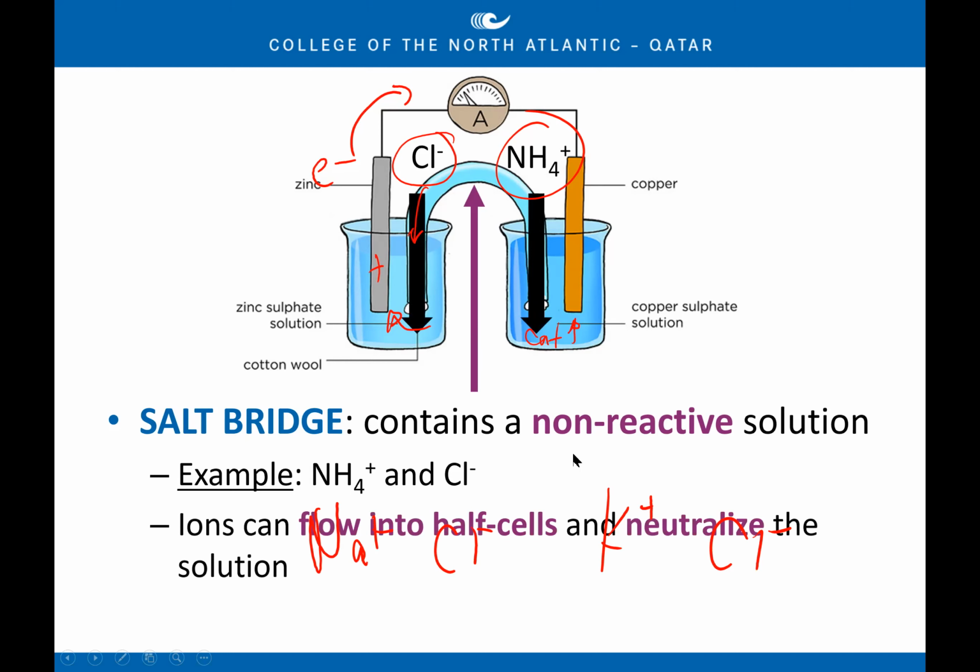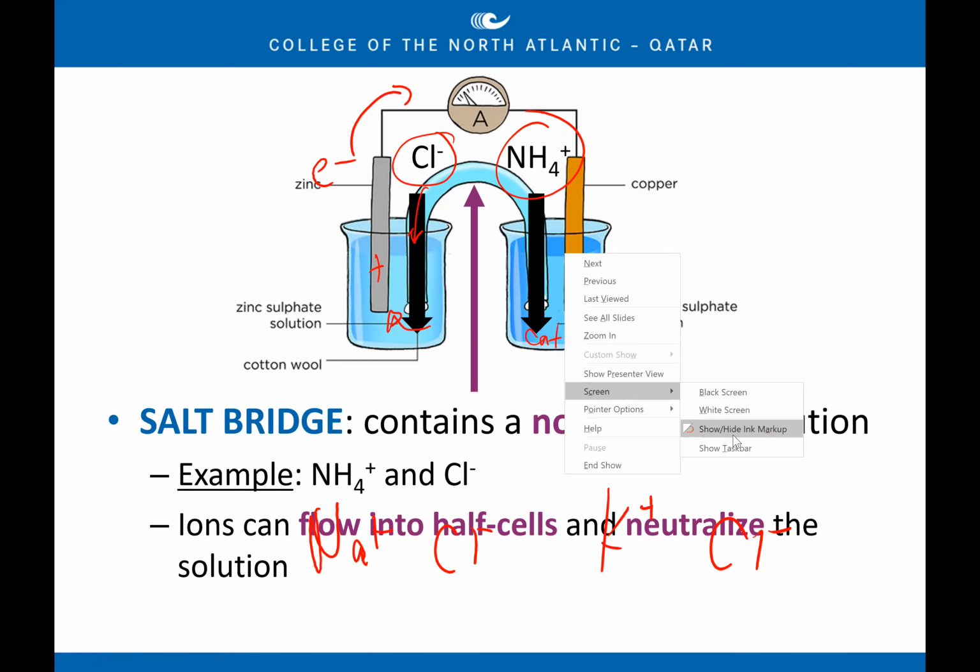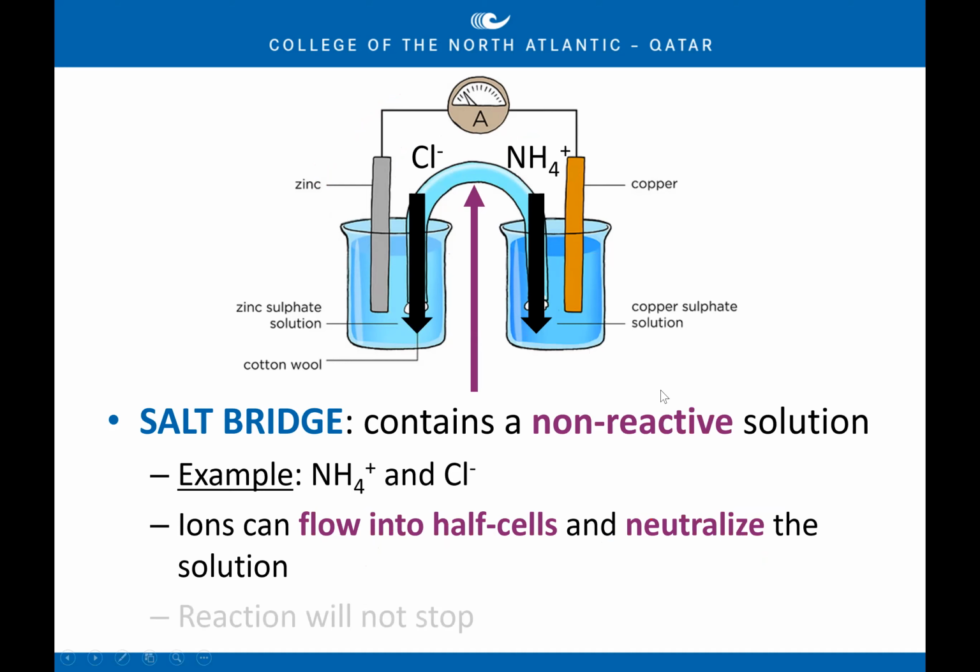So again, the purpose of this is to close off the circuit and keep the charges balanced. You will not have to worry about this for your final, don't worry. How do I clear my ink? So again, it keeps the reaction going and balances charge.